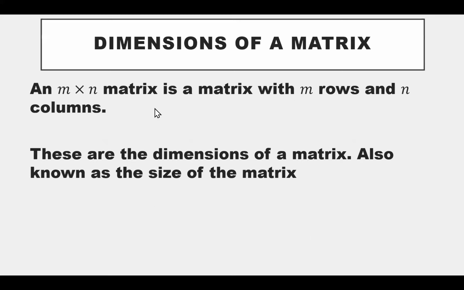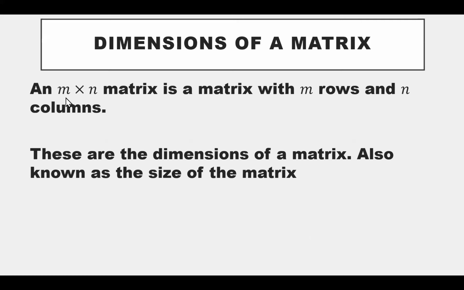Now, the number of rows and the number of columns make the dimension of the matrix. We say that an M by N matrix is a matrix with M rows and N columns.